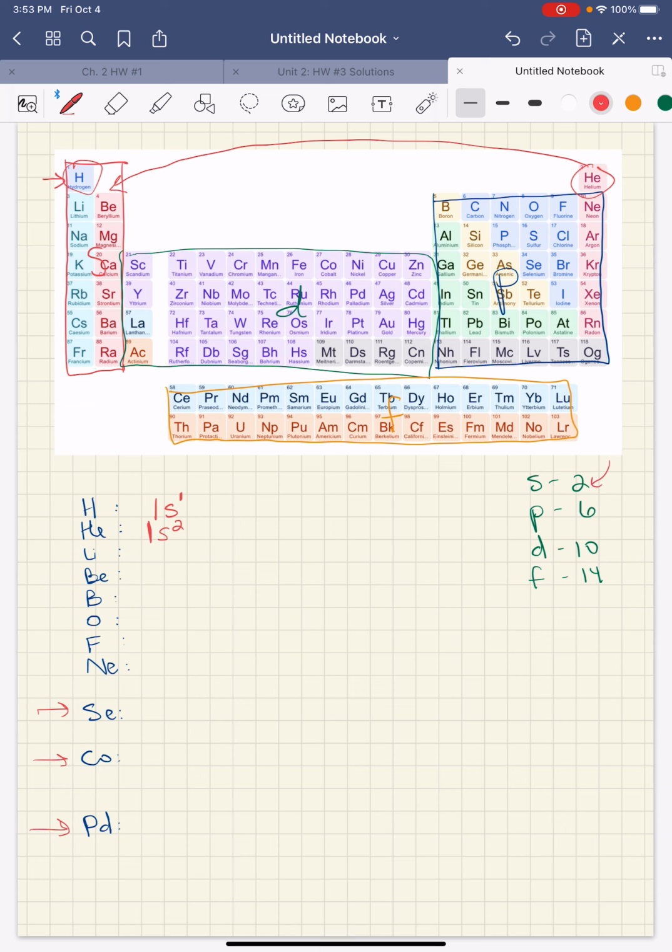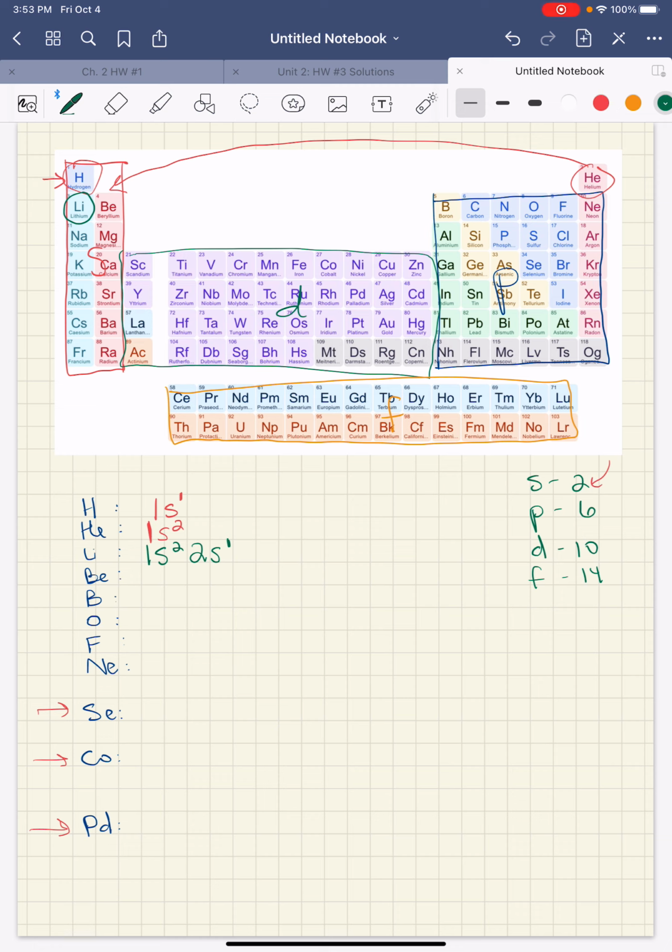Since that is the case, I'm now going to have to go 1s and then move to the next orbital, which would be 2s. So I've run out of room in the 1st orbital. So this first one would be 1s, and I know that can hold 2 electrons, but I'm right here at lithium. So now we're in row 2 in the S shell, and I still have 1 electron to place there.